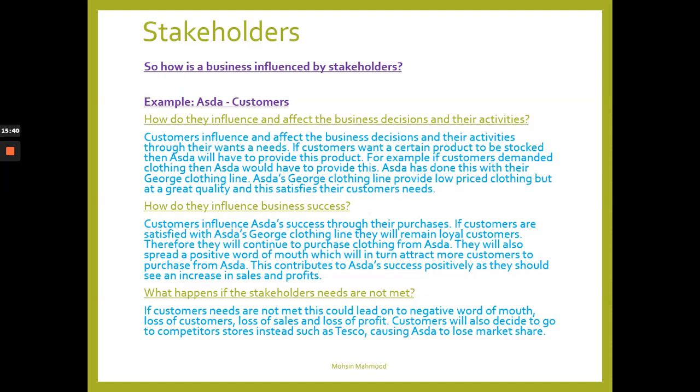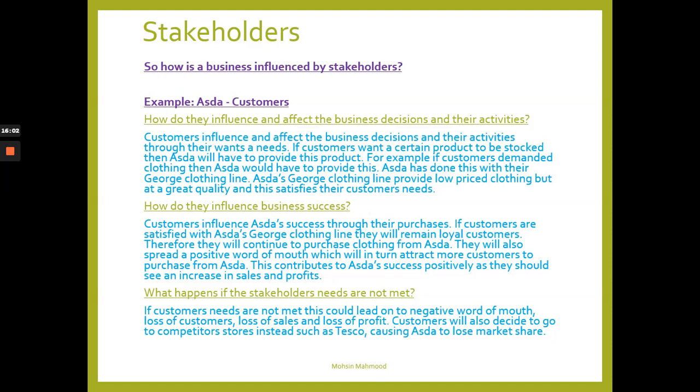Asda's George clothing line provides low price clothing but at a great quality, and this satisfies their customers' needs. And if you want, you can be more specific, and you can say parents demanded lower priced school clothing, for instance, or school uniform, or just children's clothing.